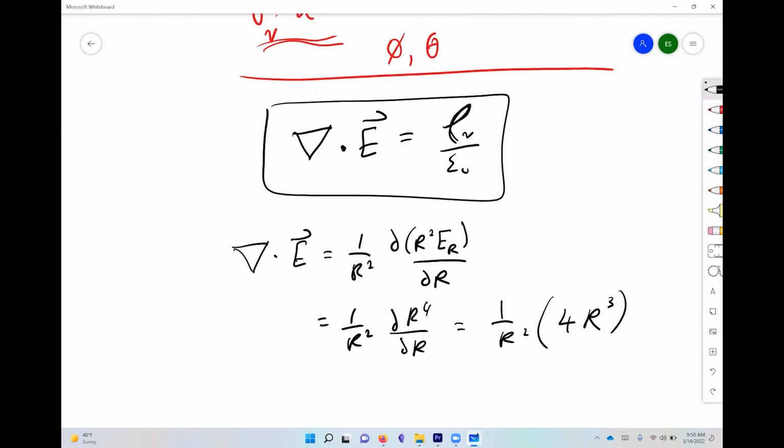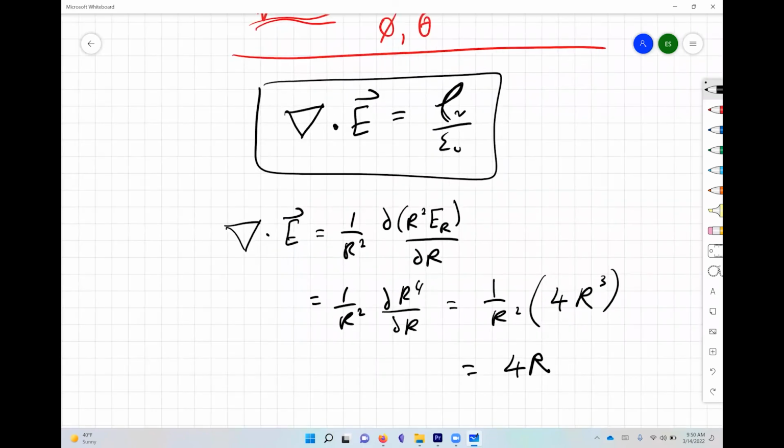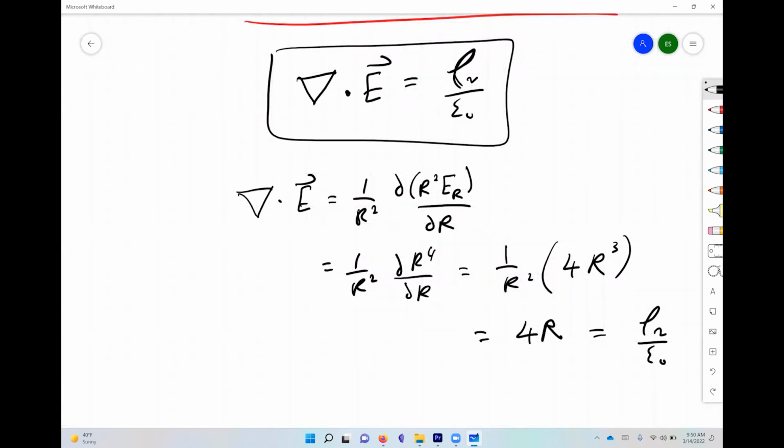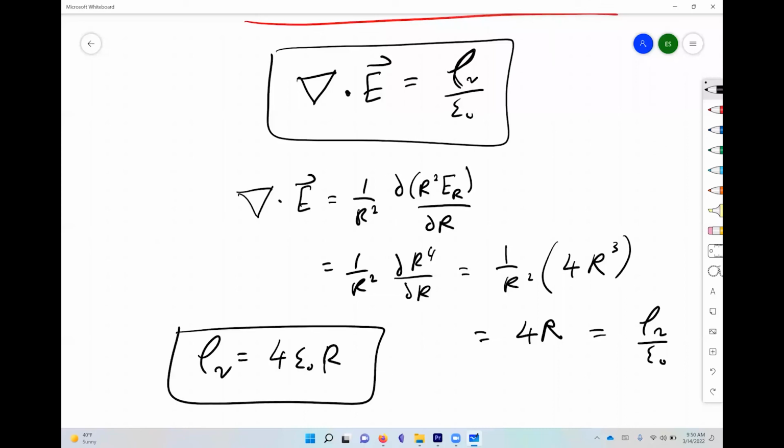Right? So this is going to be 4r, and this should equal rho_v over epsilon naught. So rho_v is 4 epsilon naught r.